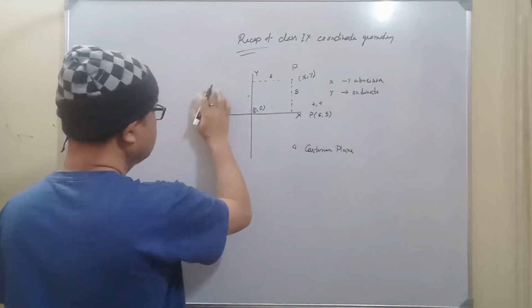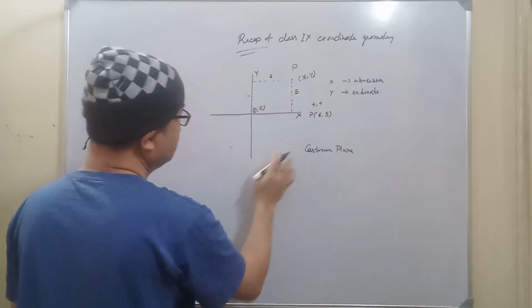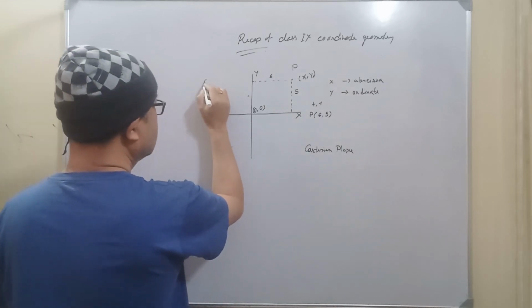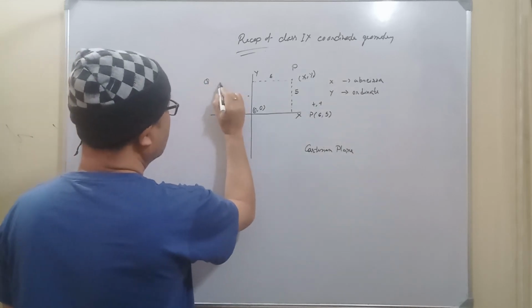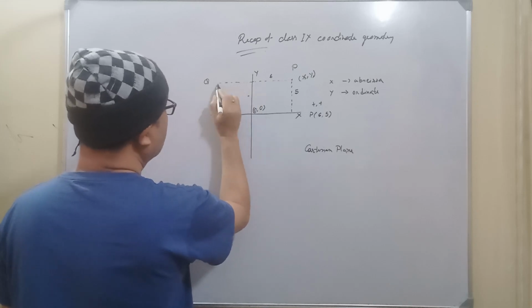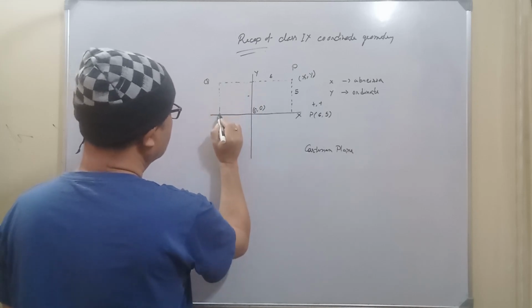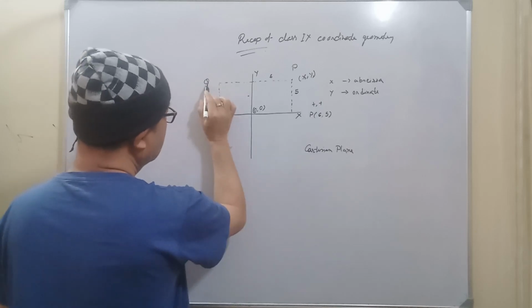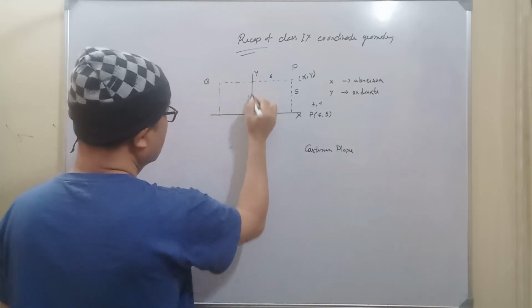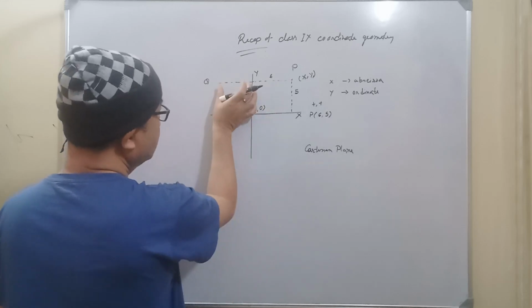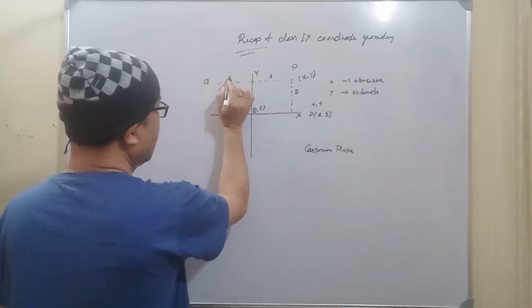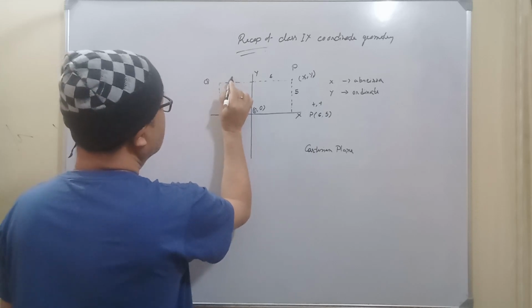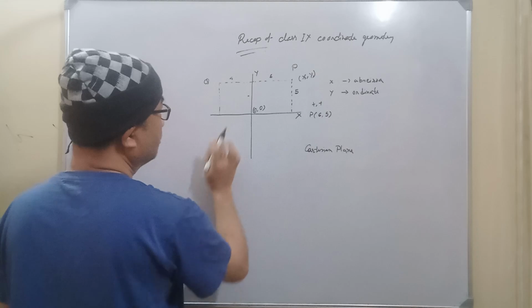Similarly, on the second quadrant, suppose this point Q. If we want to find the location of the point, we draw a perpendicular from Q on Y. This gives us the x coordinate, right? Suppose this is 4.